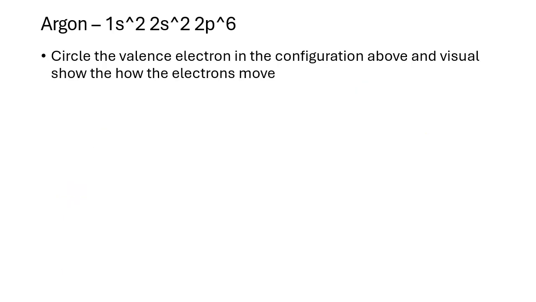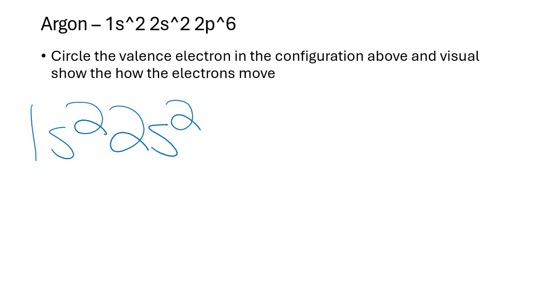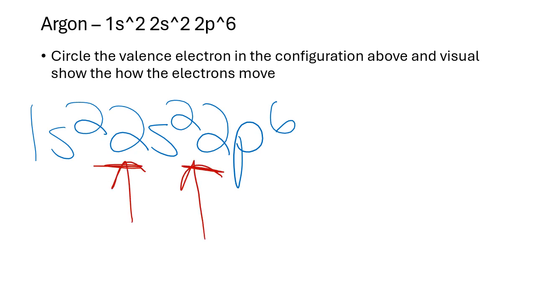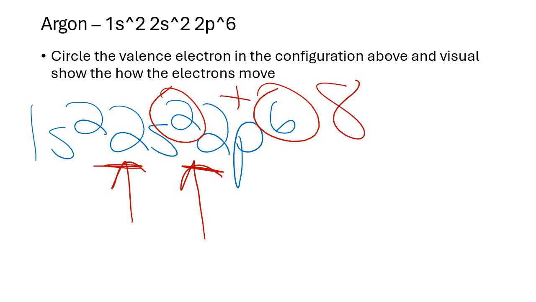One thing I am going to have you do is circle the valence electrons on your electron configuration. Argon is 1s2, 2s2, 2p6. Argon has 8 valence electrons. The valence electrons are going to be the highest number that I just underlined and the superscript with it, so that is going to be 8 valence electrons.